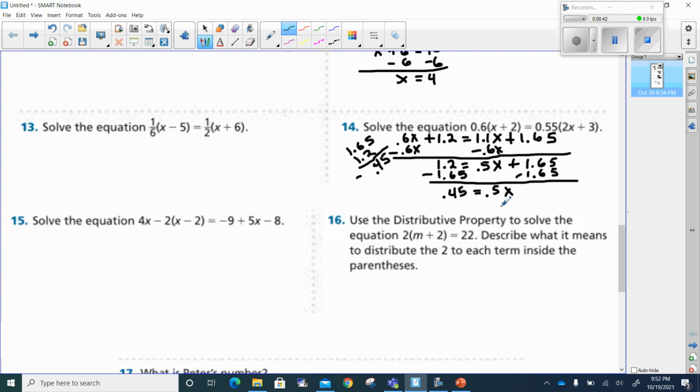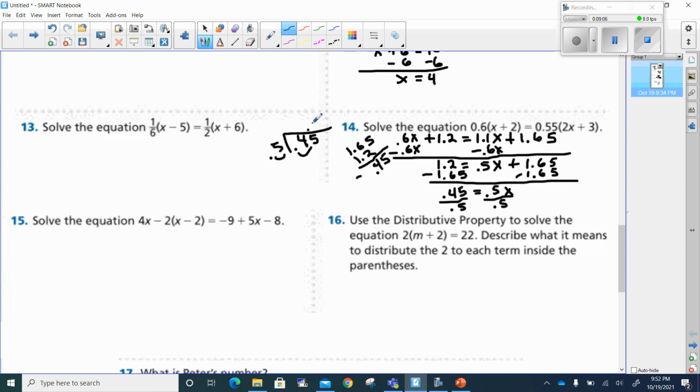And now we have a division problem because we got to divide 0.5 away. So the problem is 0.45 divided by 0.5. I move my decimal over 1, which means I move it over here.